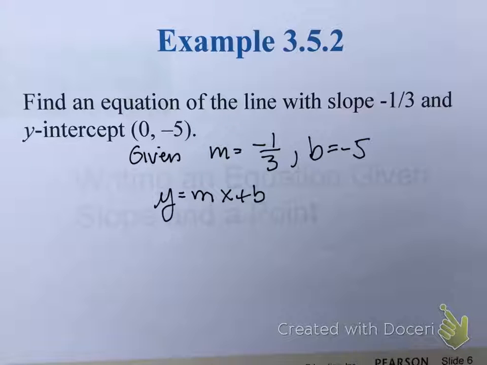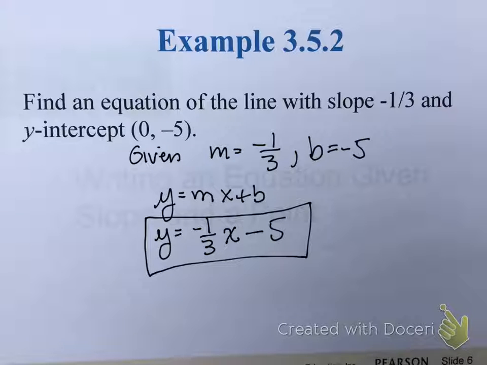At this point, I'm just going to plug and chug, or substitute in the values that I have into the equation. So m is -1/3. I'm going to leave the x there. And then since b is -5, I'm just going to subtract 5 from that. And that's how you write an equation of a line given the slope and the y-intercept.